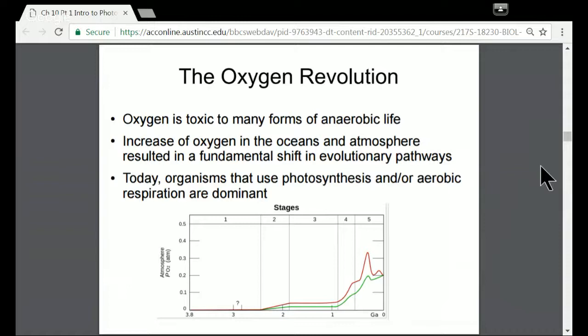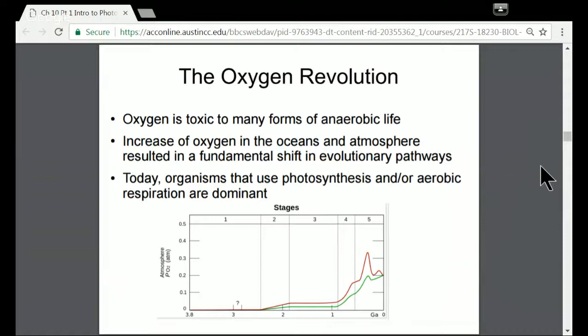So this oxygen revolution represents a fundamental shift in the types of life that were favored by the environments on the Earth. It promoted the reproduction of those that could tolerate oxygen, and those that could not tended to die off.